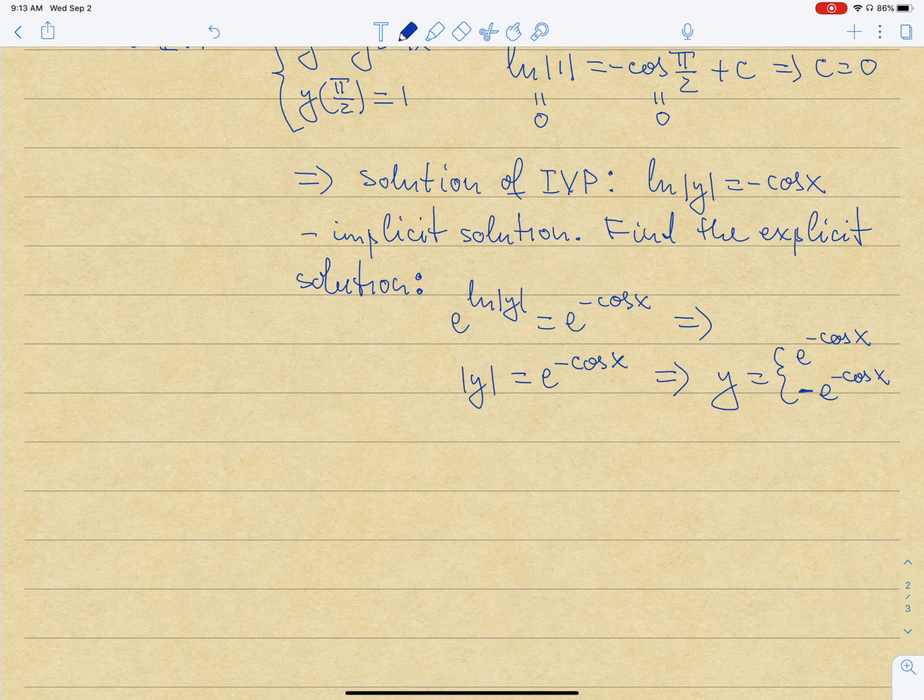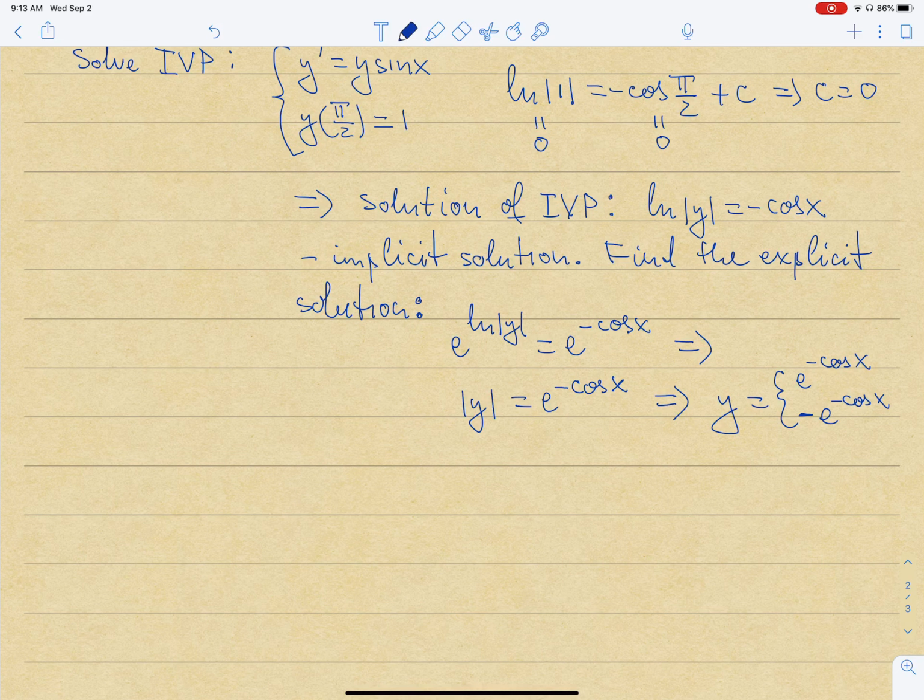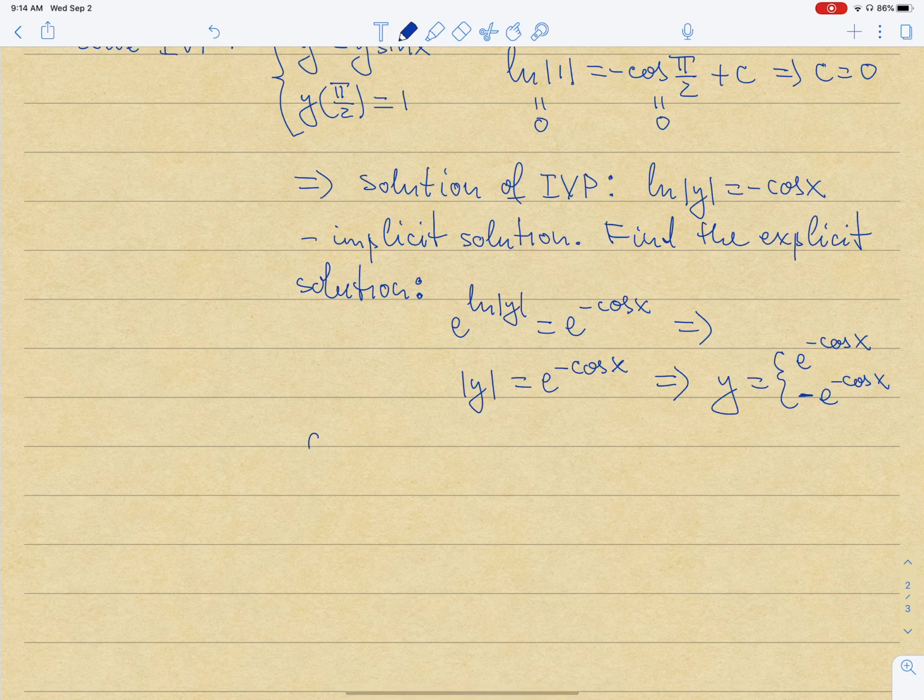Well, here is where again the initial condition will come to the rescue. So let's check the initial condition. Let's see what we get there.